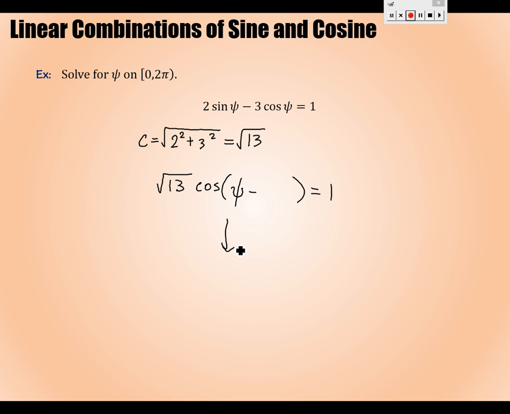Then we'll be able to solve that. Divide by root 13, take the inverse cosine, and then add whatever this number is, and we'll have our answer.